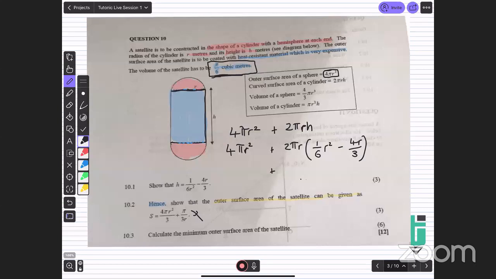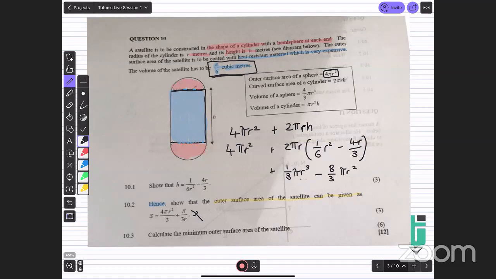It becomes a third pi r cubed, because it's 2 over 6. Then 6 pi r squared, minus 8 over 3 pi r squared. Right? 8 over 3? Yes.